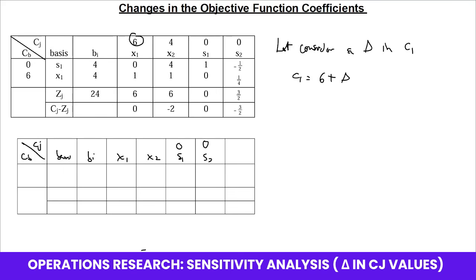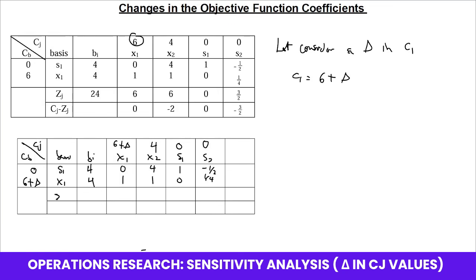So this remains 0, this remains 0, this remains 4, but here we are going to replace it with 6 plus the change. Let's write our basis, s1 and then x1. So the coefficient of x1 is now 6 plus delta, and that of s1 is 0. Make sure you write it, and then we have 4, 0, 1, 4, 1, 1, 0, minus 1 on 2, minus 1 on 4.